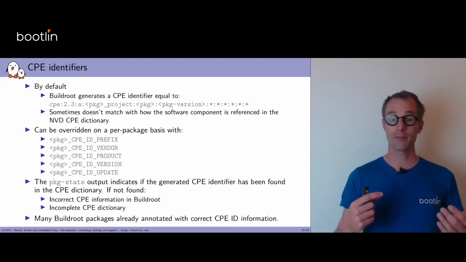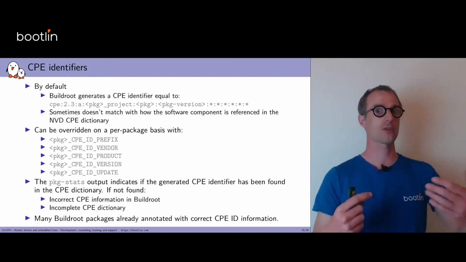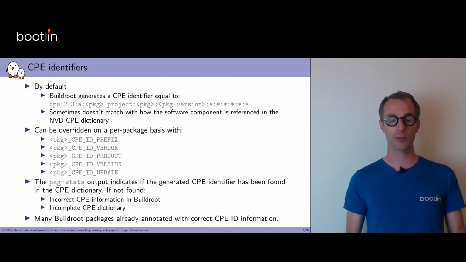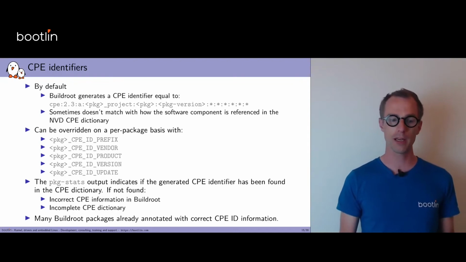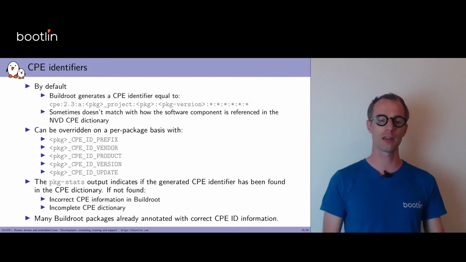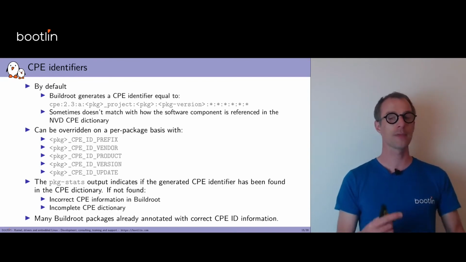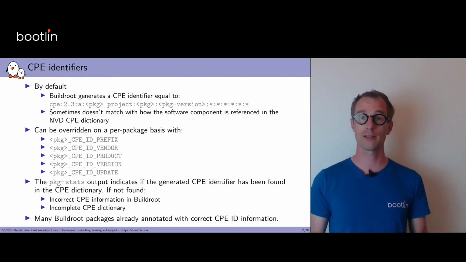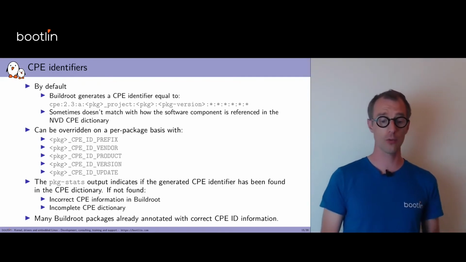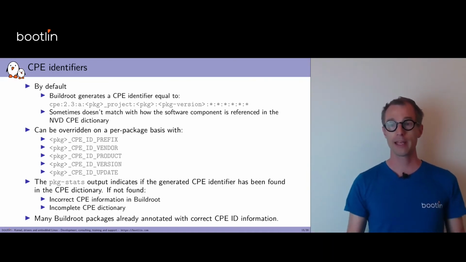Sometimes, however, that doesn't match with how the software component is referenced in the CPE dictionary, so you need to add extra information in your Buildroot package. This is done by providing explicit CPE identification information in your package using the CPE_ID variables: CPE_ID_PREFIX, CPE_ID_VENDOR, CPE_ID_PRODUCT, CPE_ID_VERSION, CPE_ID_UPDATE. And you can use any combination of these to describe accurately what is the correct CPE identifier for a given Buildroot package.